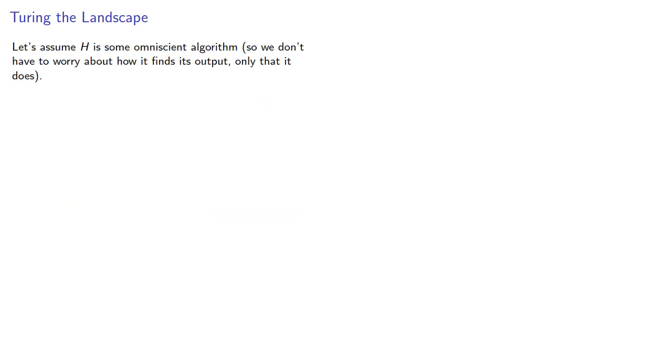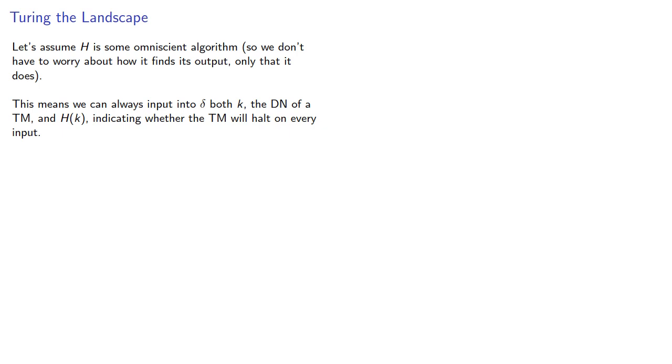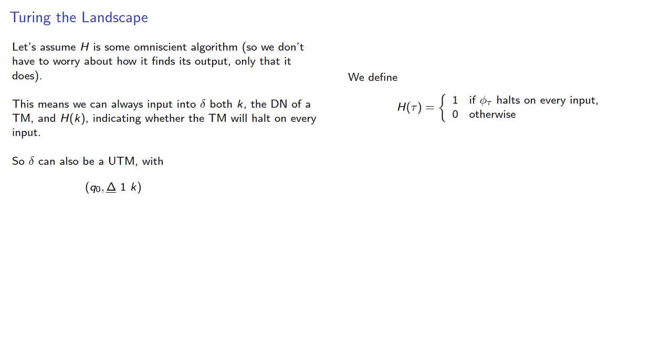Let's assume that h is some omniscient algorithm, so we don't have to worry about how it finds its output, only that it does. This means we can always input into delta both k, the description number of some Turing machine, and h(k), indicating whether the Turing machine will halt on every input. So delta can also be a universal Turing machine, where if we initialize and input delta 1k, that means that the Turing machine k will eventually halt.